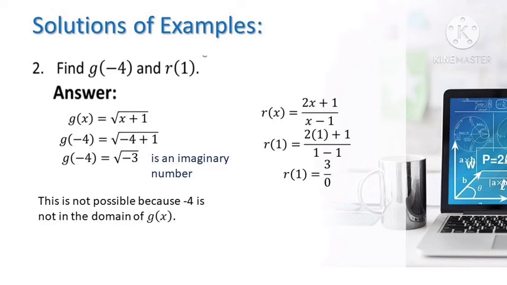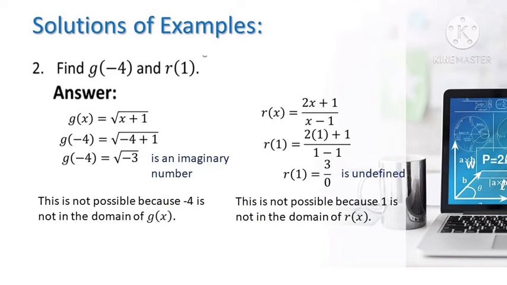Simplifying both numerator and denominator, we would be able to get r of 1 is equal to 3 all over 0. Remember that all fractions whose denominator is equal to 0 is called to be undefined. Hence, this is not possible because 1 is not in the domain of r of x.